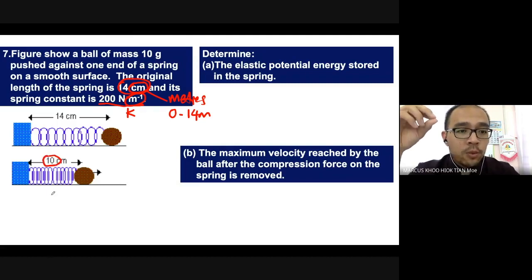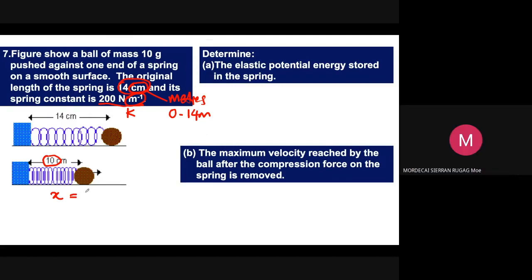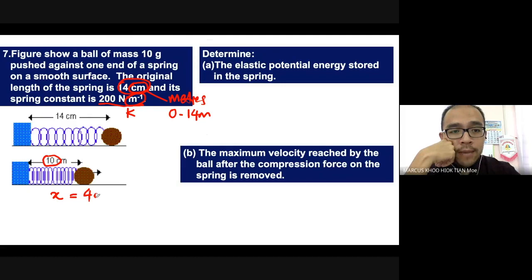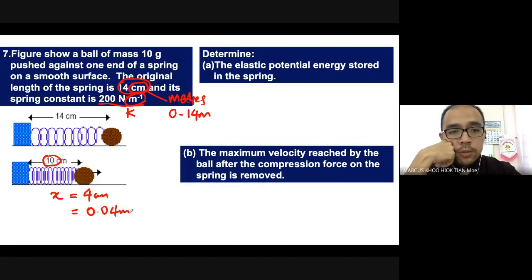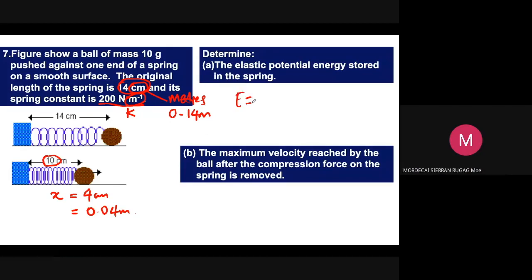Which means what is my extension? 4 cm, alias 0.04 meter. So can you calculate the potential energy? What formula do we use? 1/2 F times x.